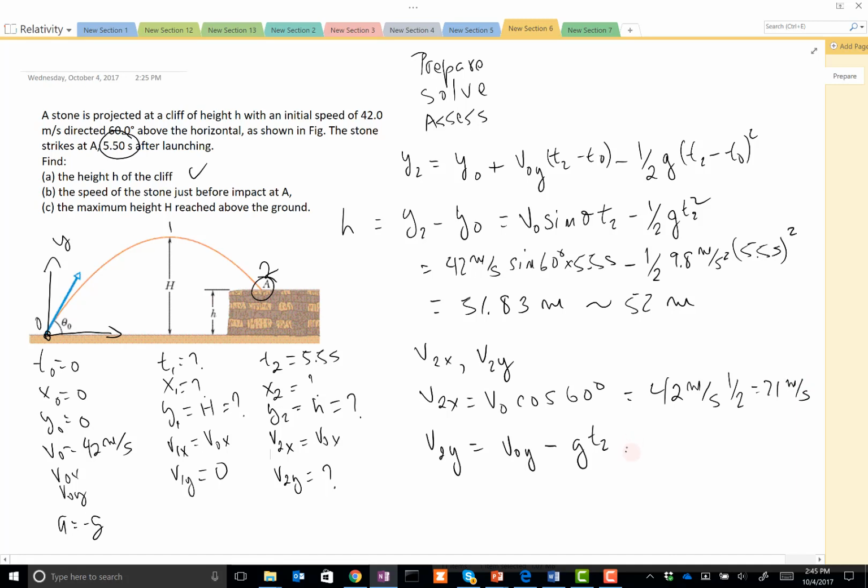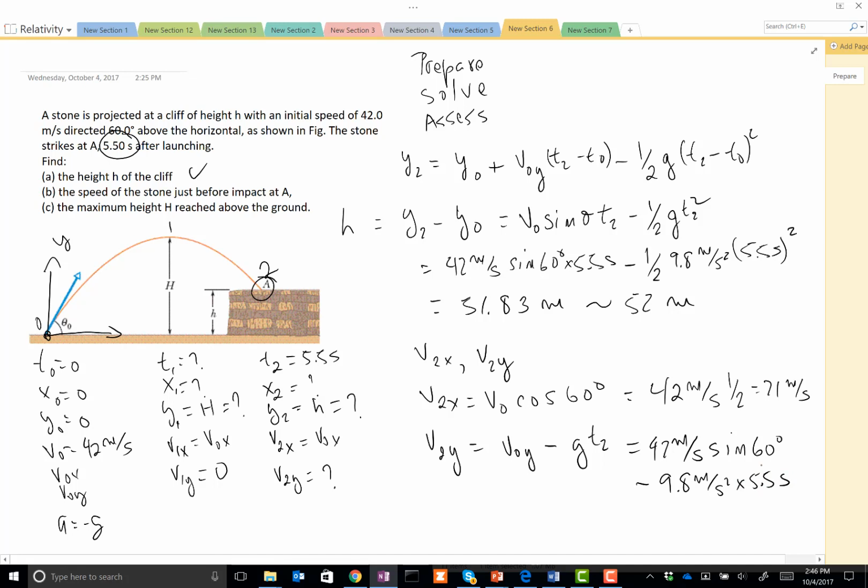And this one here is going to give me 42 meters per second times the sine of 60 degrees minus 9.8 meters per second squared times 5.5 seconds.